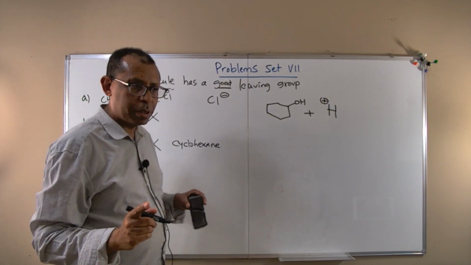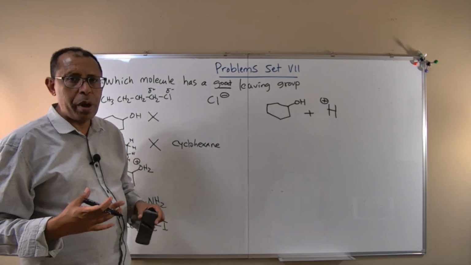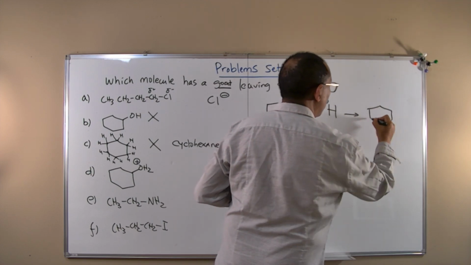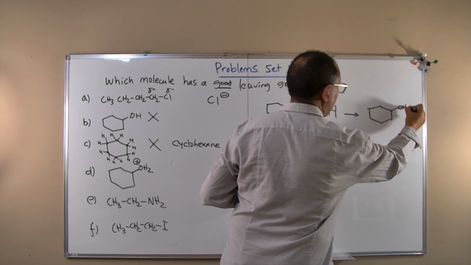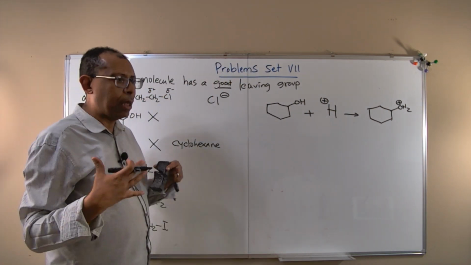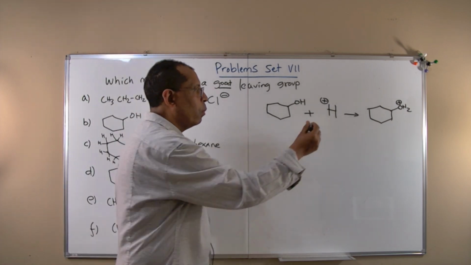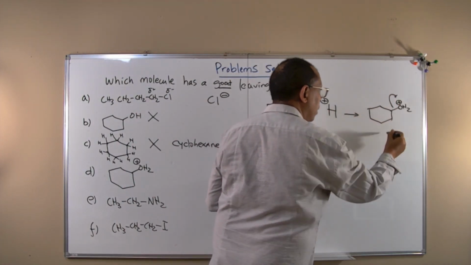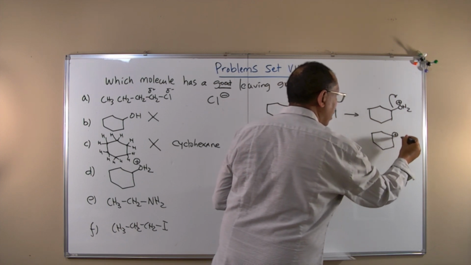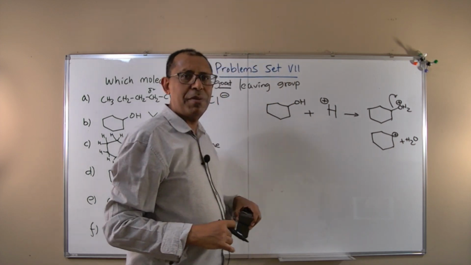Remember this. The protonation of the OH makes it into OH2 plus. That is a very good leaving group. It leaves as a very stable molecule. When it leaves, it generates water, a neutral, very stable molecule by itself.